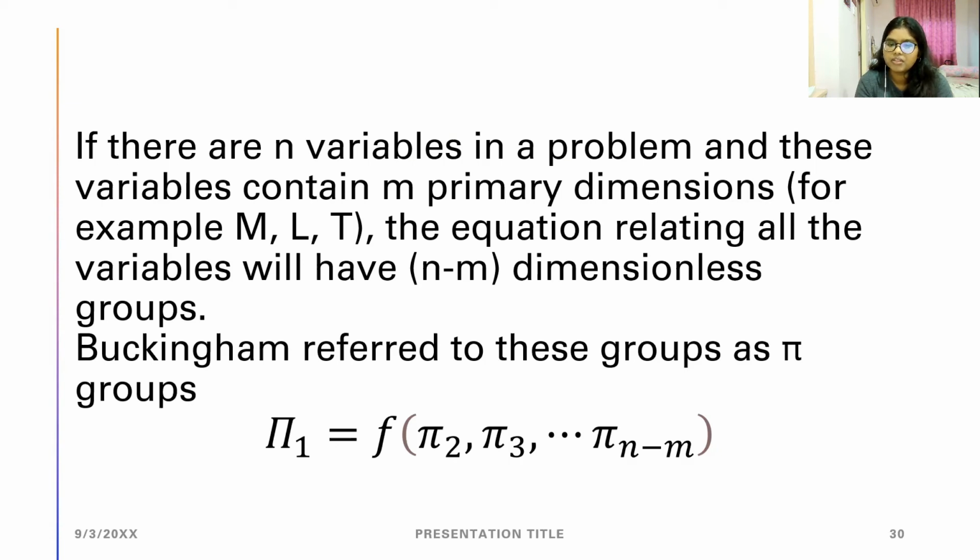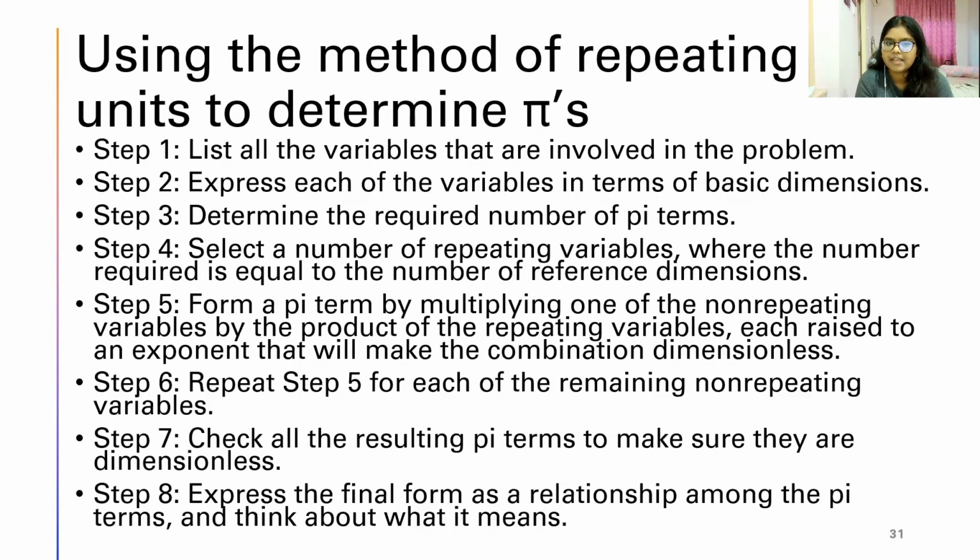Buckingham referred to these groups as pi groups, and the final equation that we will get is pi 1 equals f of pi 2, pi 3, and so on until pi n minus m. So these pi's are the independent dimensions. So these are the methods of repeating variables to determine our Buckingham pi theorem.